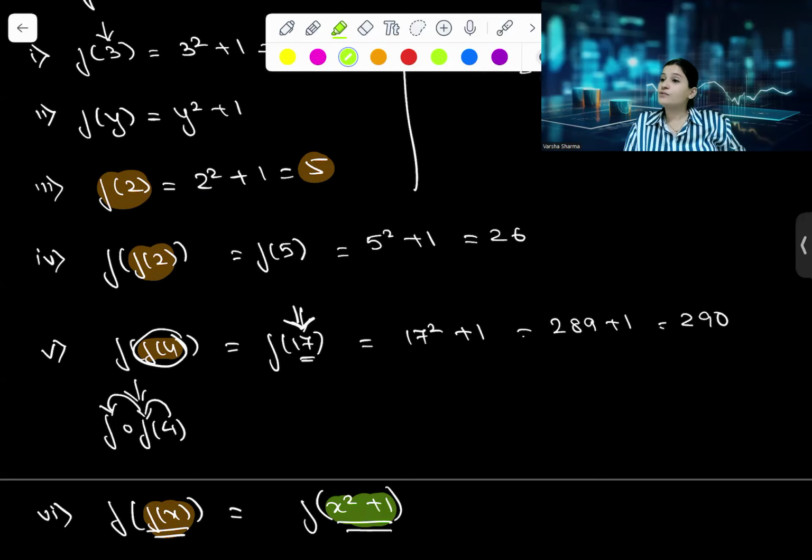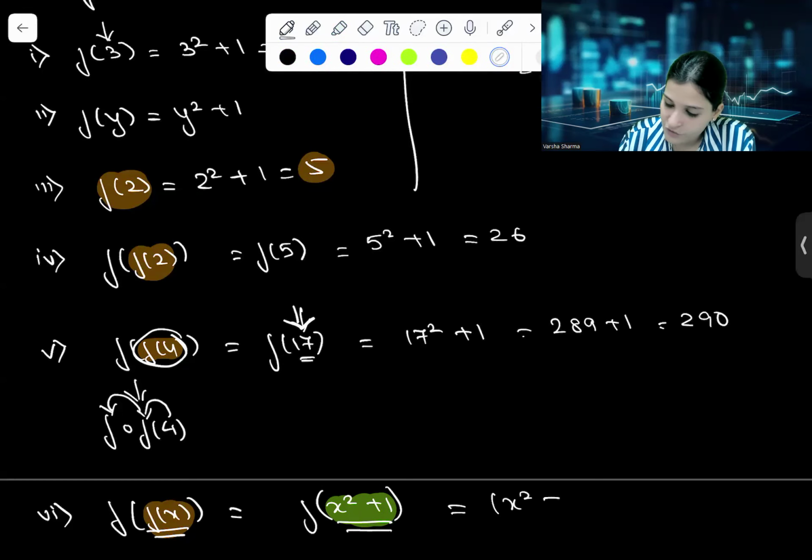So the equation was x square plus 1, so it would be this green term square plus 1. Whatever is written in the bracket, that gets substituted instead of x. If it would have been f of x, x square plus 1. F of 2, 2 square plus 1. F of y, y square plus 1. F of this green part, green square plus 1. Yes or no?